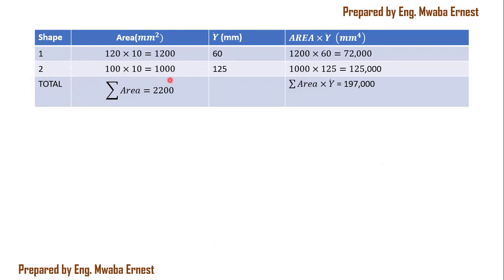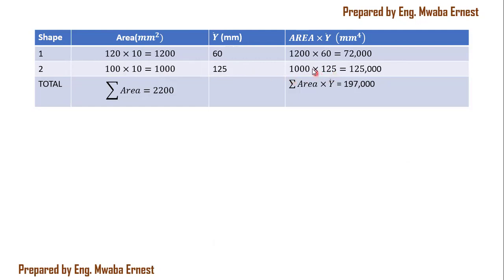If you look at shape 1, its bar y, its distance along the y-axis to the centroid of the first shape is 60 millimeters. For the second one, the top one, section 2, its centroid is at 125 millimeters from the base of the whole shape, where we said 5 plus the 120, so we ended up with 125.